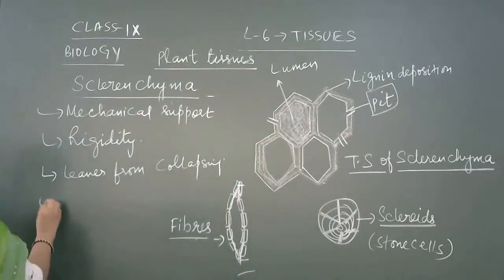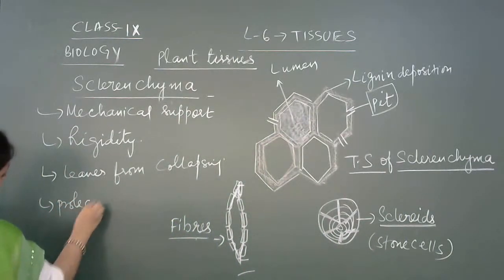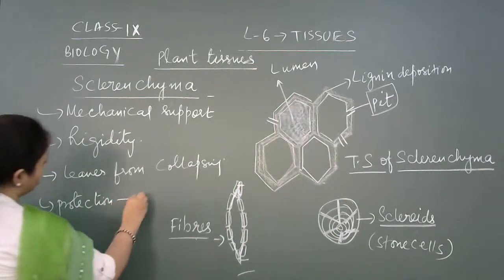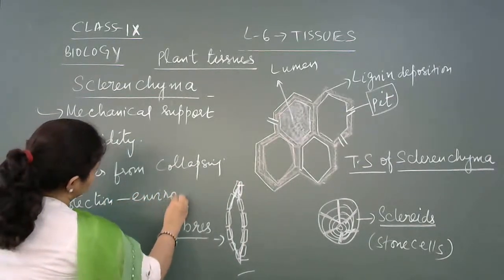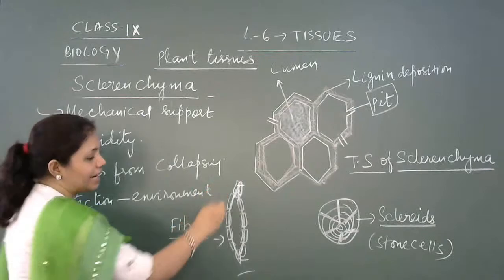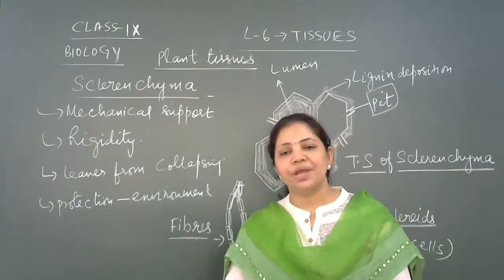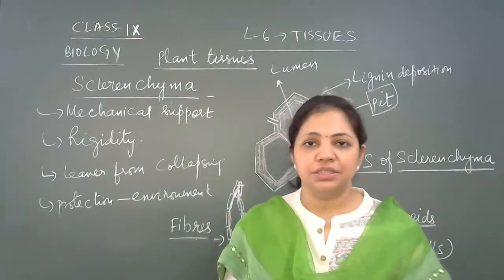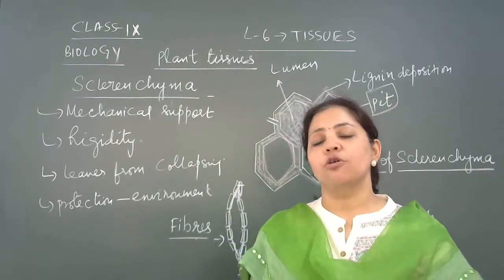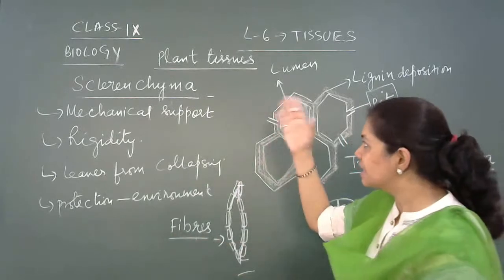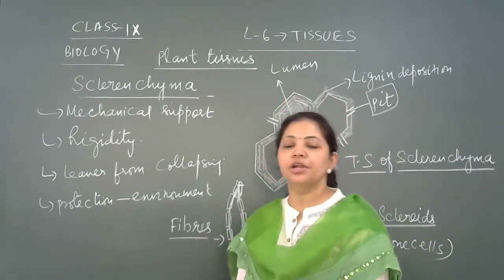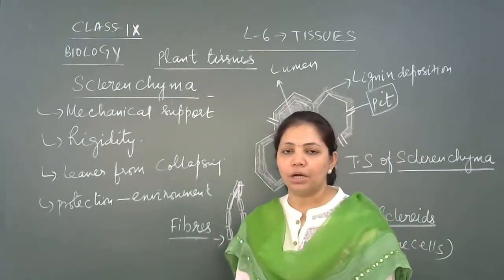It also protects the plant. It gives protection against the environment, where high speed winds are blowing, right? Because of the wind pressure, different parts should not get damaged or torn off. So along with parenchyma, sclerenchyma also plays a vital role in that particular part, right?